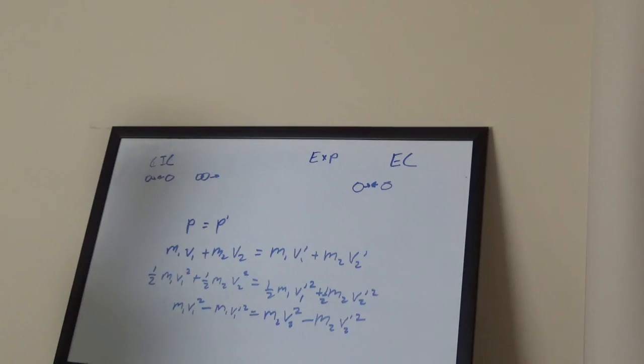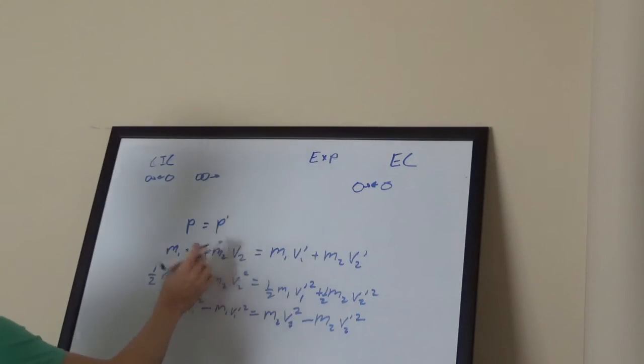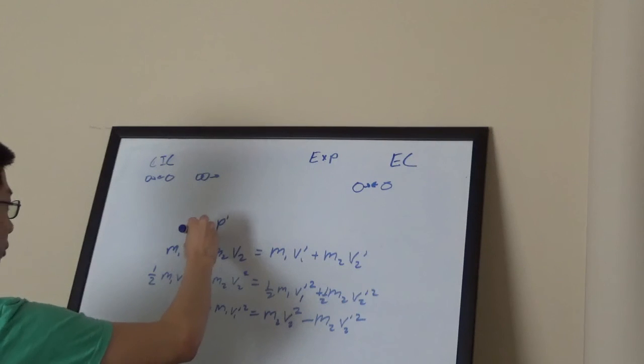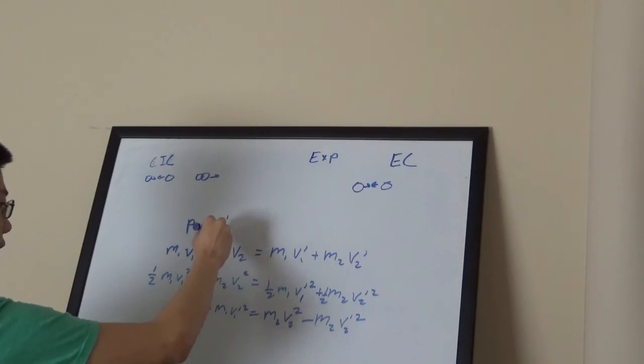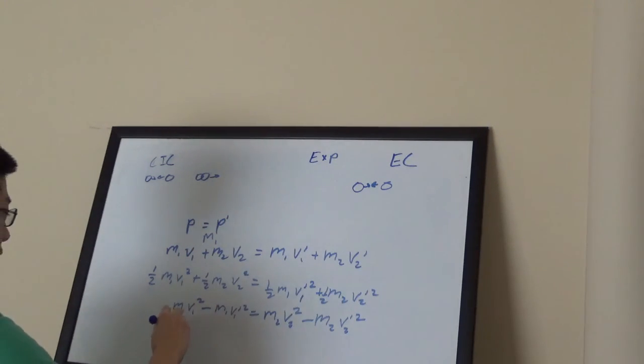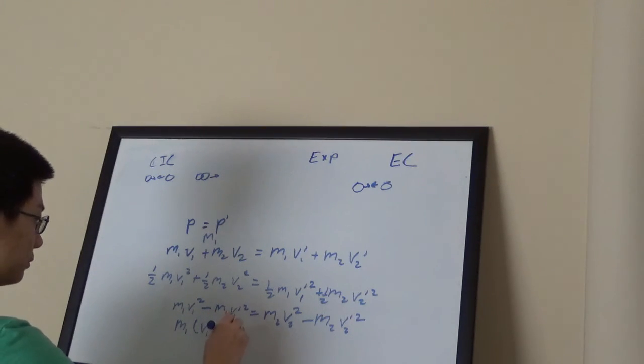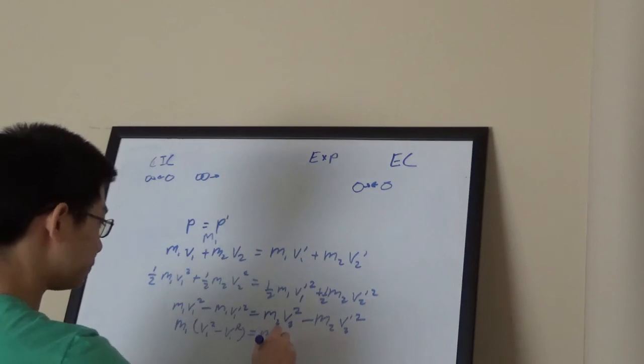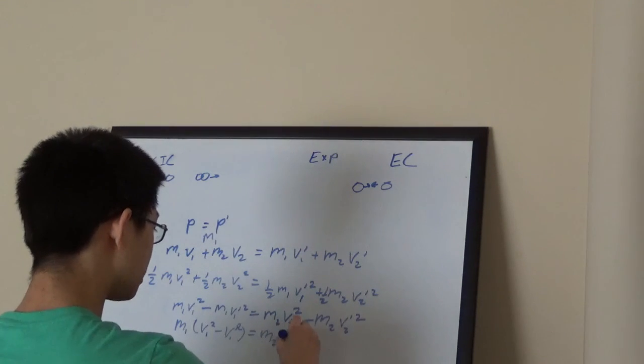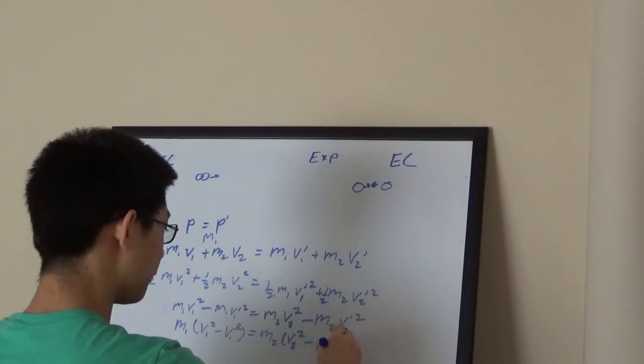I'm actually going to do the same thing here, rearranging it, and I can also factor out the M1. So M1 times V1 squared minus V1 prime squared is M2 times V2 squared minus V2 prime squared.